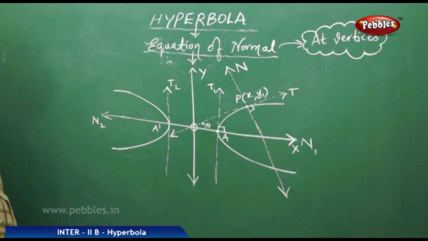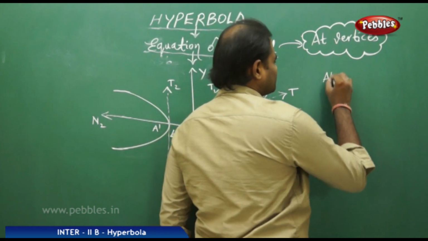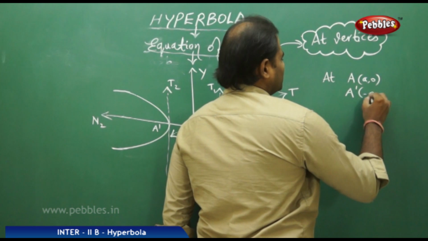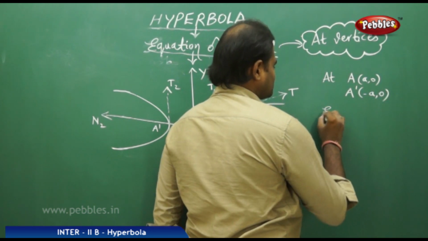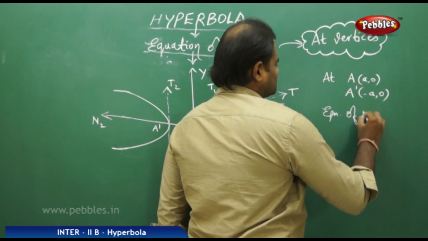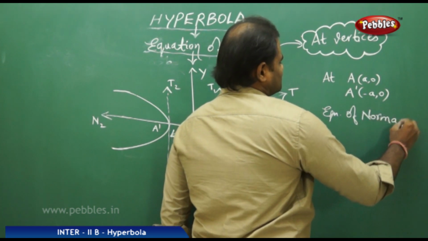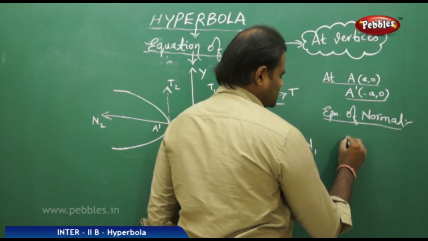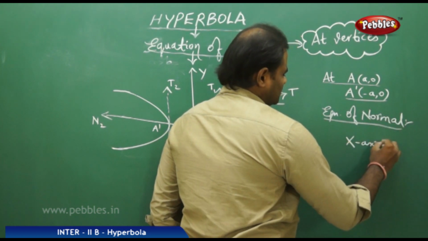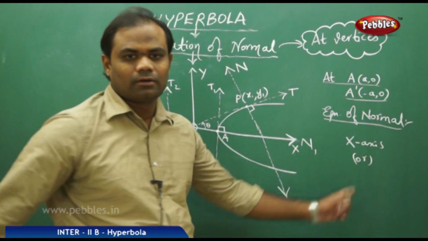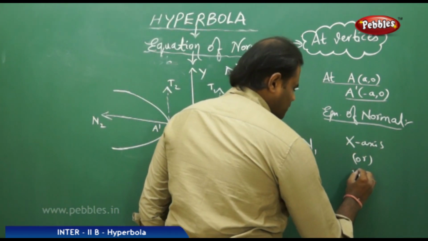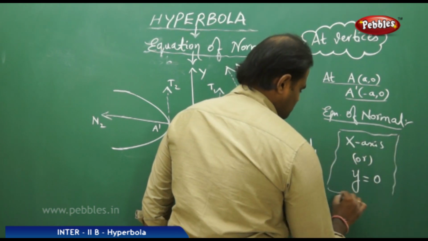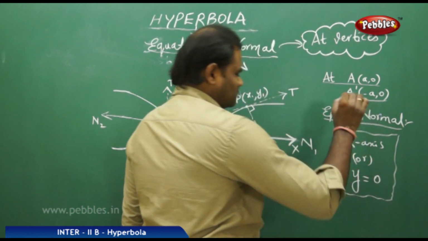Therefore, the exceptional case is that at A(a, 0) and A dash (minus a, 0), the equation of normal is the x-axis, that is, y equals 0.